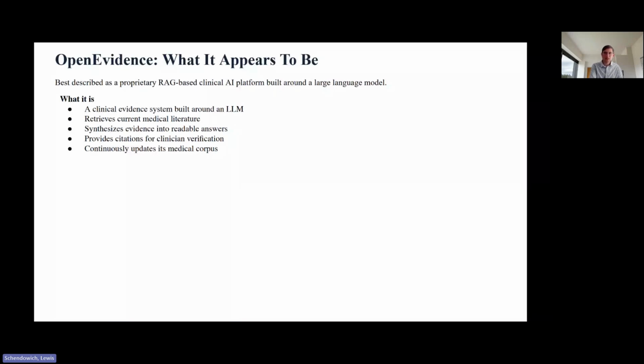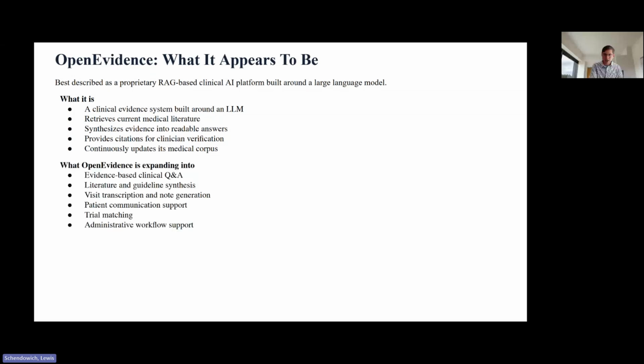In practice, that means it retrieves current medical literature, synthesizes that evidence into a readable response, and provides citations that the clinician can review. It is also expanding beyond just question answering into areas such as guideline synthesis, visit transcription, patient communication, trial matching, and administrative support. So it's really pushing beyond simple questions and answers.